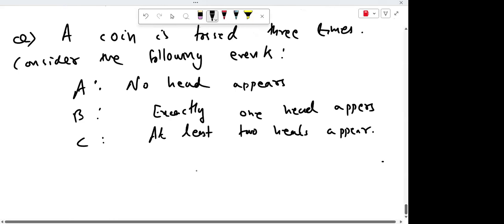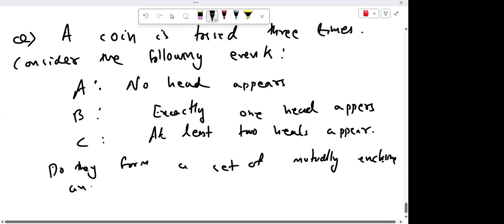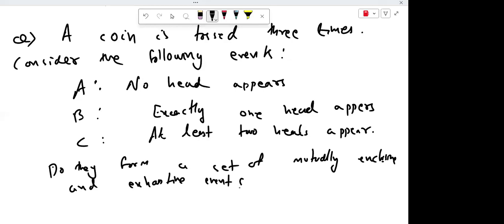They're asking, do they form a set of mutually exclusive and exhaustive events? You remember what is mutually exclusive and exhaustive event? Yes, sir. Okay, so please solve this.